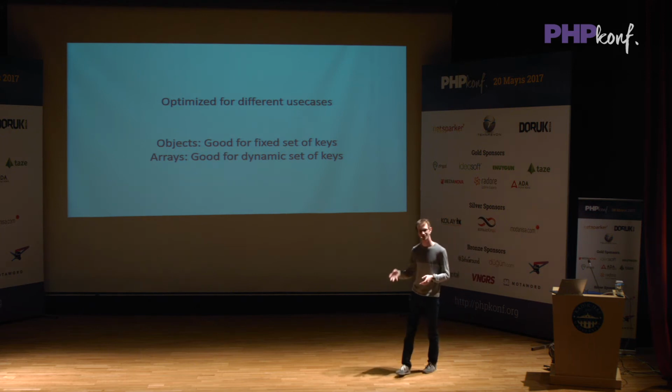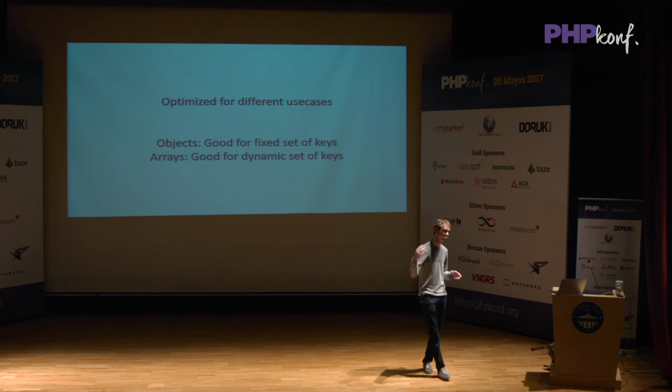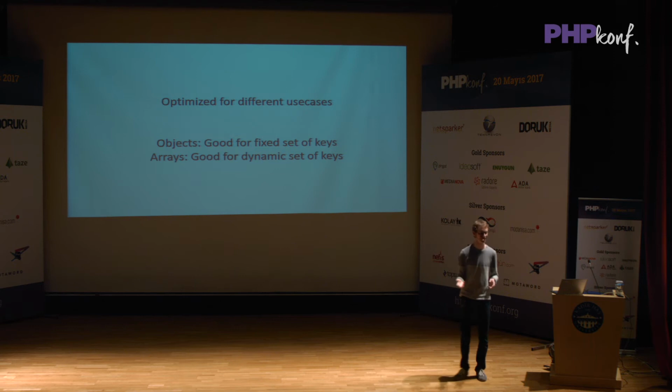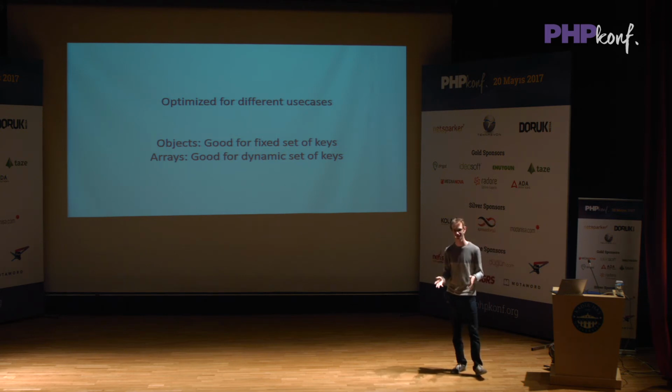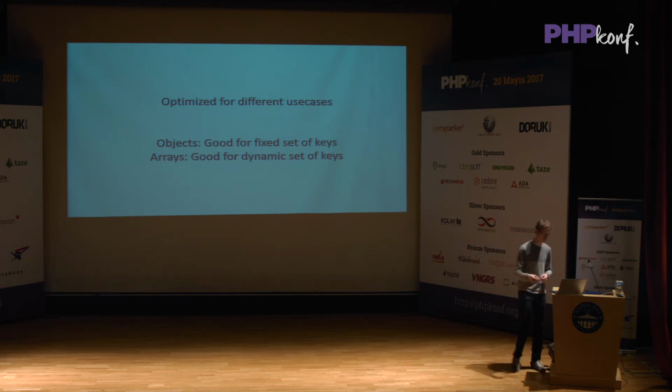Objects are great if you have a set of fixed keys, while arrays are good if you don't know the keys in advance, or if you don't even know how many keys you're going to have. And that's why they have different memory usage and performance characteristics.